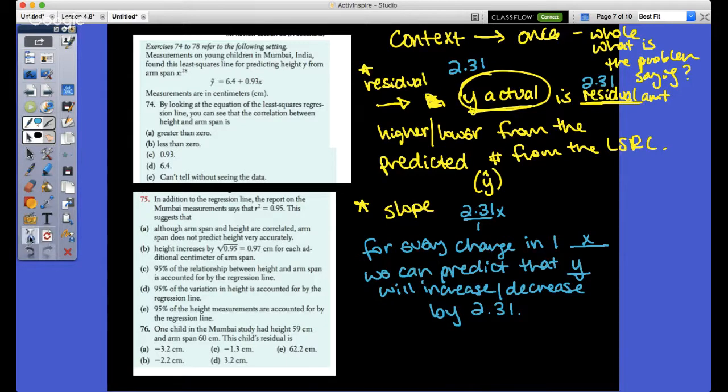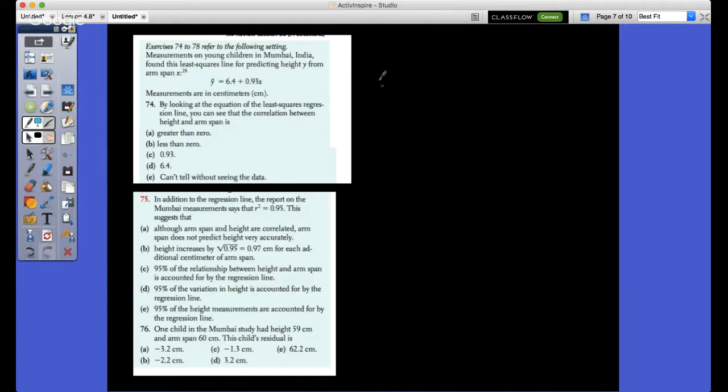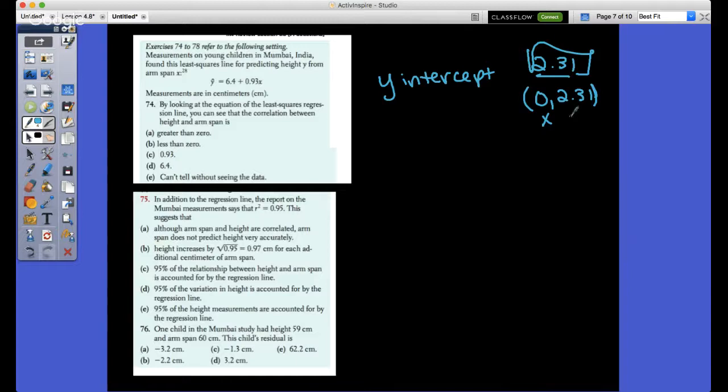All right, so that's number 2. Number 3 would be the y-intercept. I'll keep using 2.31. Let's say that was the y-intercept. The point would be (0, 2.31). So as x is 0, this should be y hat because it's on the LSRL, we could predict that y would be 2.31.